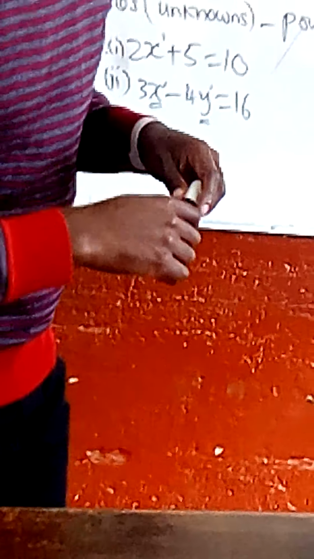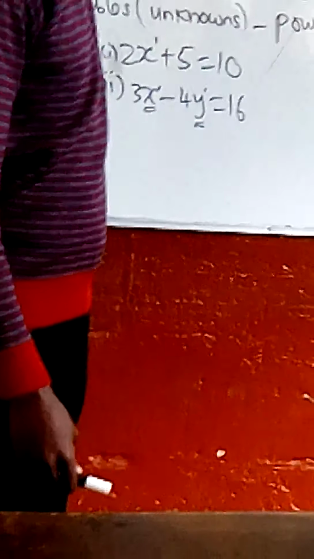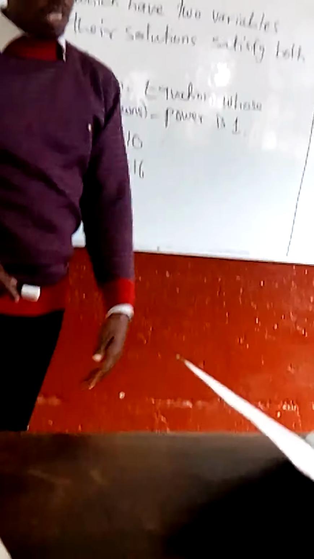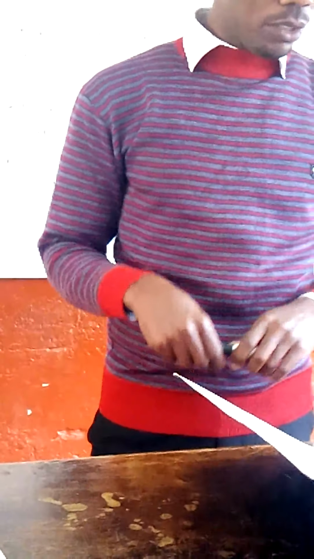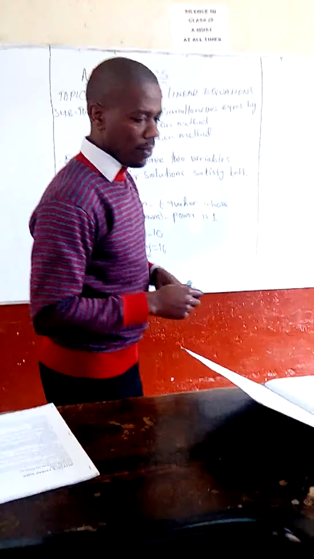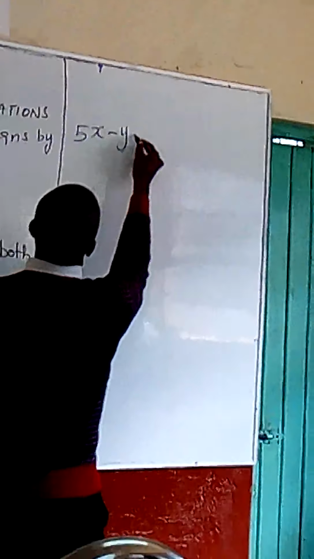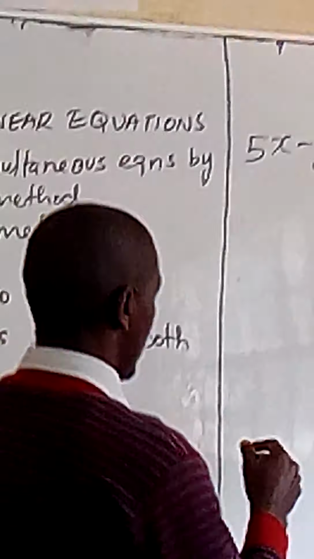Now, we go direct to simultaneous equations and how to find their solutions. We can have an example of a simultaneous equation: 5x minus y equals 18, then 3x plus y equals 14.